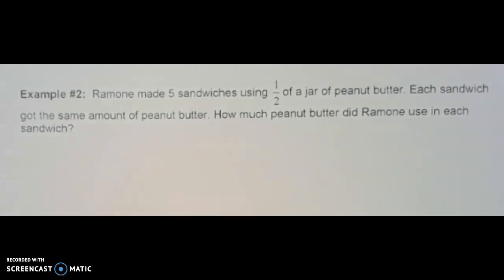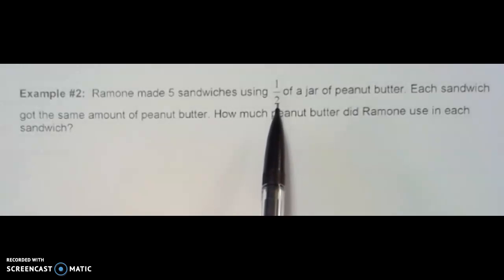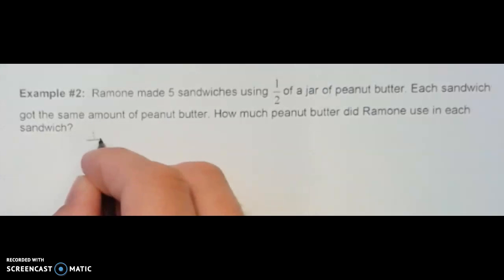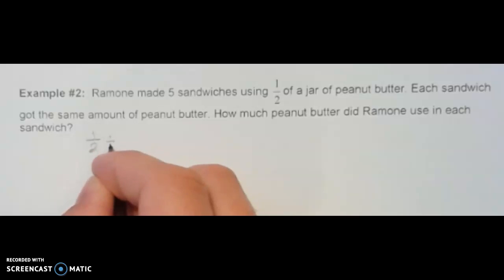So we're going to take the amount of peanut butter that we had, which was half of a jar, and we're going to split it up or spread it evenly or divide it amongst 5 sandwiches. So let's take our half jar of peanut butter and divide it amongst the 5 sandwiches that we're making.